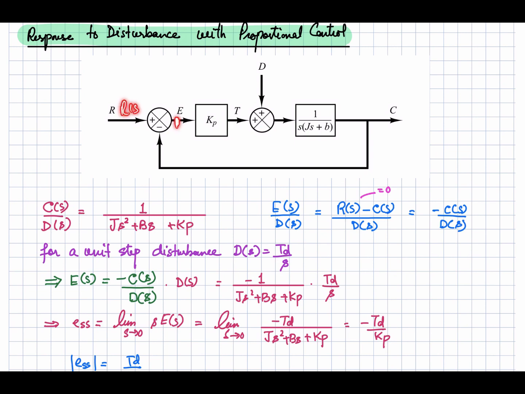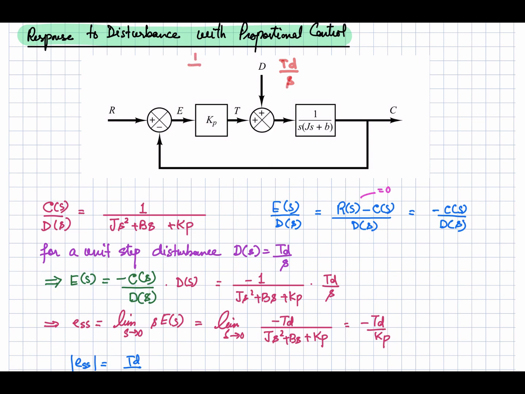So you have the R(s) as the input, you have the C(s) as the output, and the error is equal to R(s) minus C(s), and dividing both sides by D(s), you will get this equation. So as R(s) is 0, I can write that this is equal to minus C(s) over D(s). Okay, so for a unit step input, this D, the input over here, let's suppose the magnitude is TD, and the step input is there, so 1 by s.